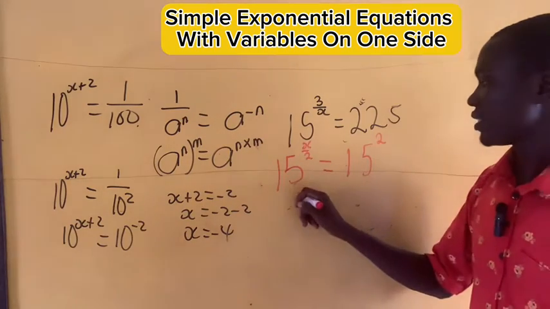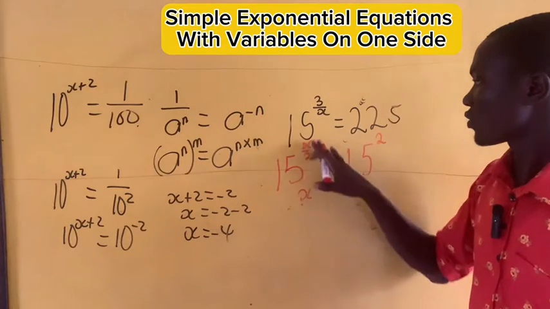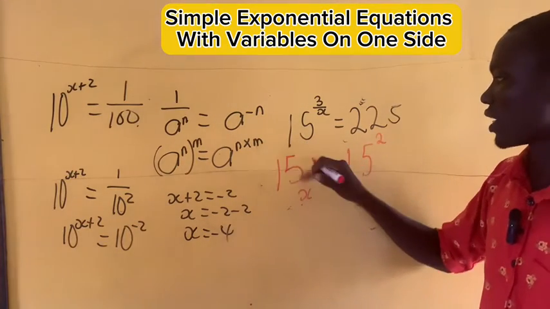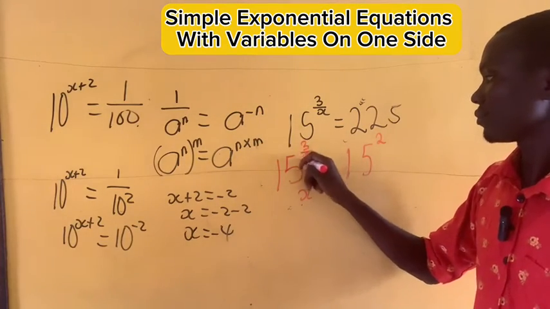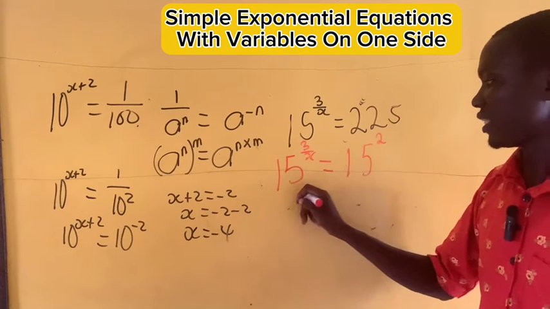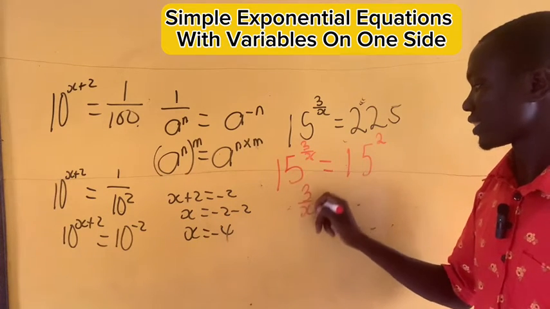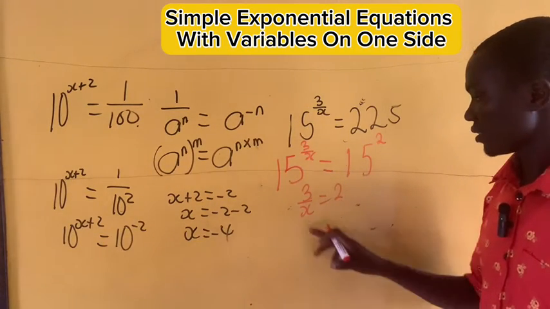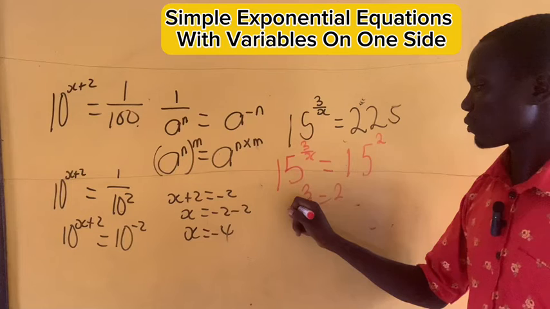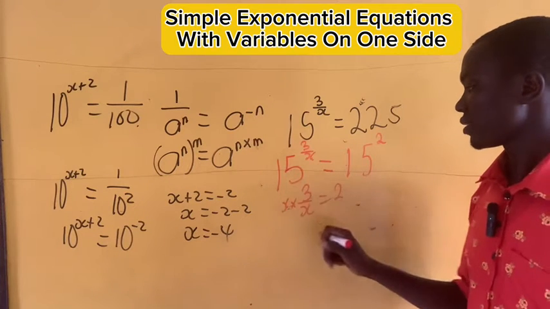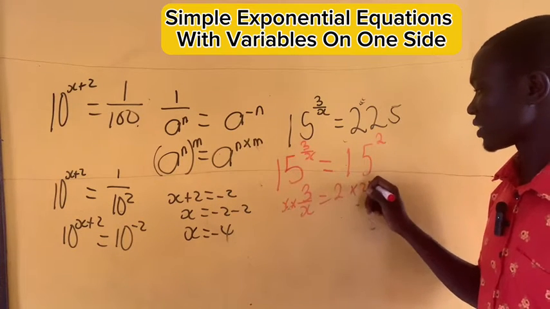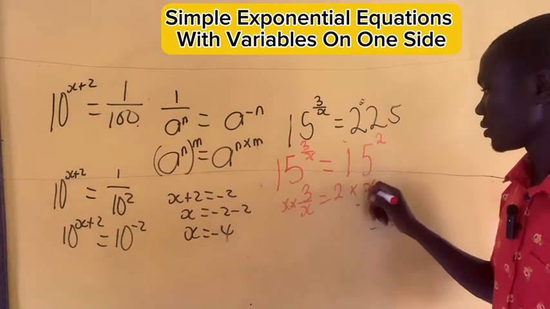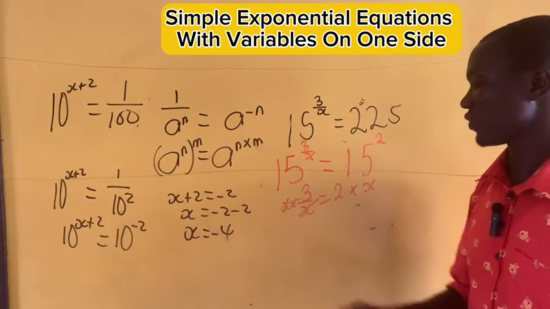Now this gives 3 over x equals 2. And what happens? Here, let's multiply here by x and multiply here by x, so that this x will cancel this x.